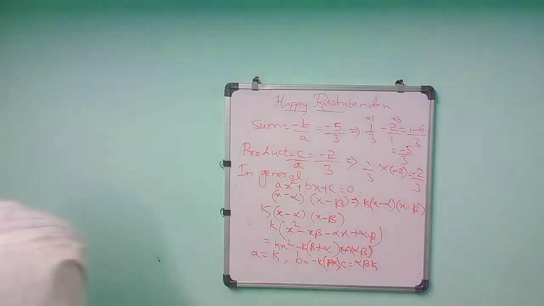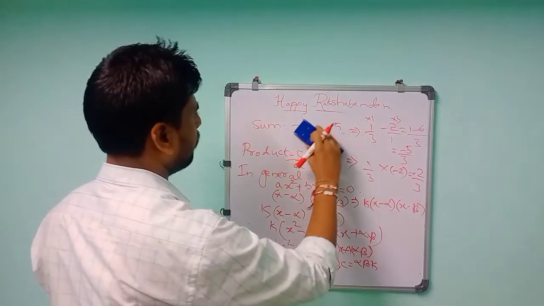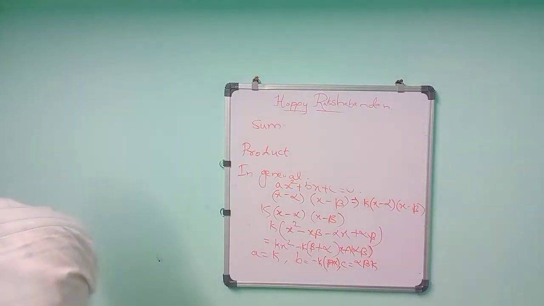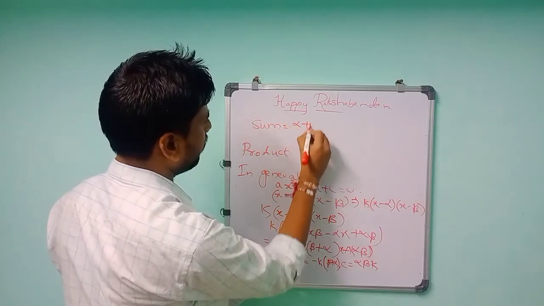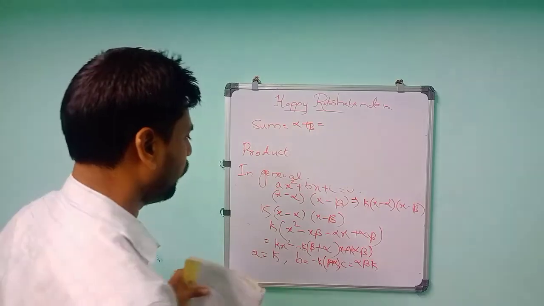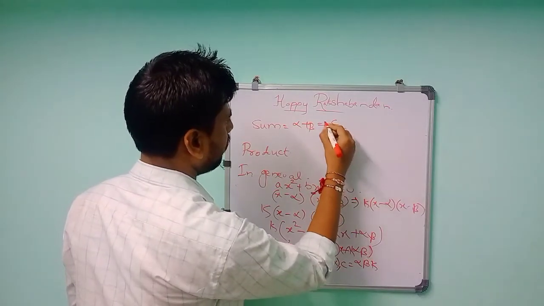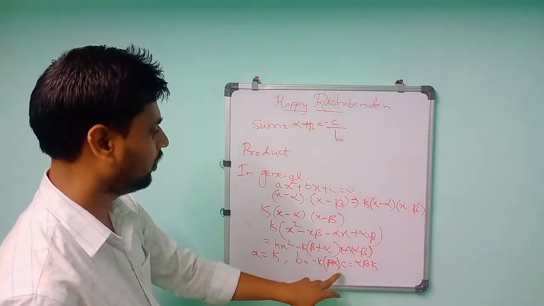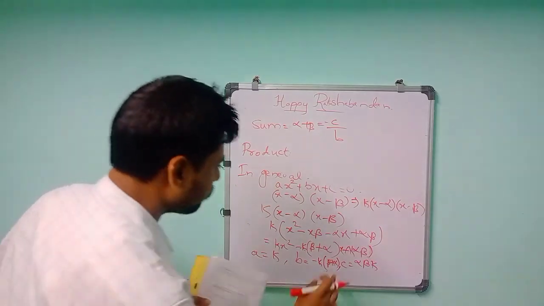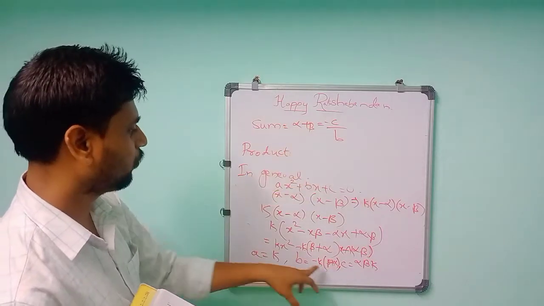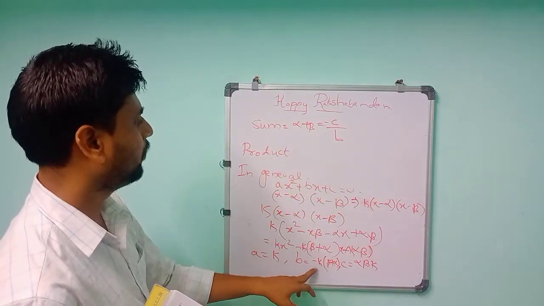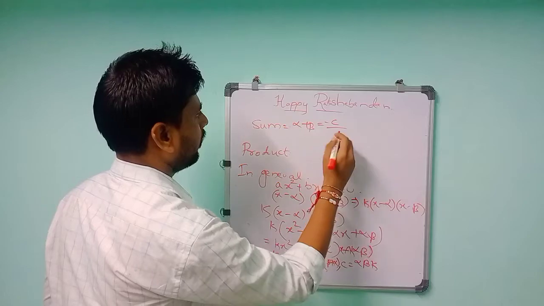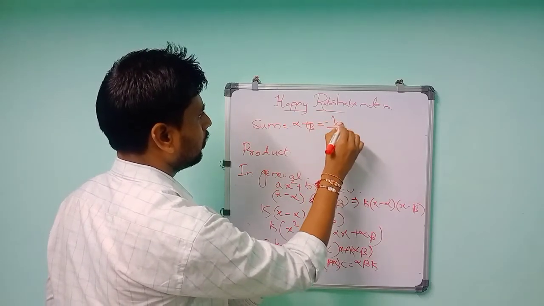So in common, what we can write is the sum of the zeros of the polynomial: alpha plus beta. Splitting this, minus k into alpha plus beta is b, so alpha plus beta is equal to minus b by k, but k is a, so alpha plus beta is minus b by a.